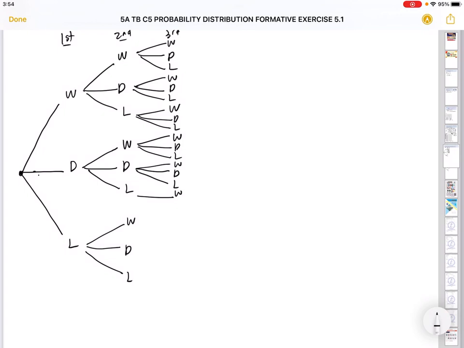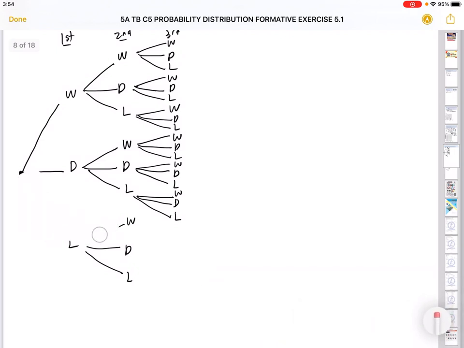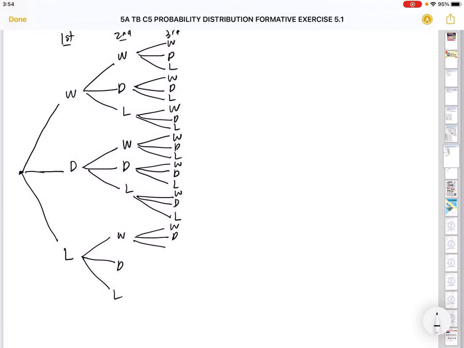You can see, really we need a lot of space. Maybe this one I draw a bit lower so that I can squeeze in everything, right? A bit lower here, lose. So this will be win, draw, lose, win, draw, lose, win, draw, lose, win, draw, lose.